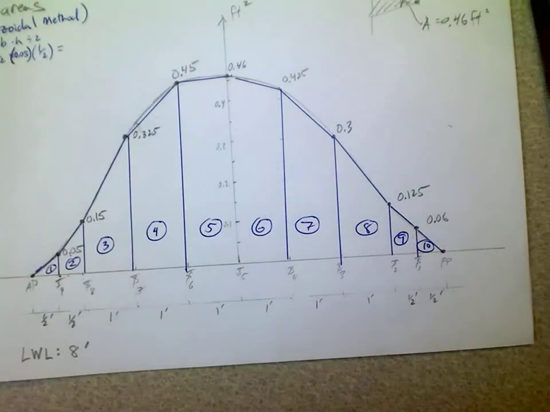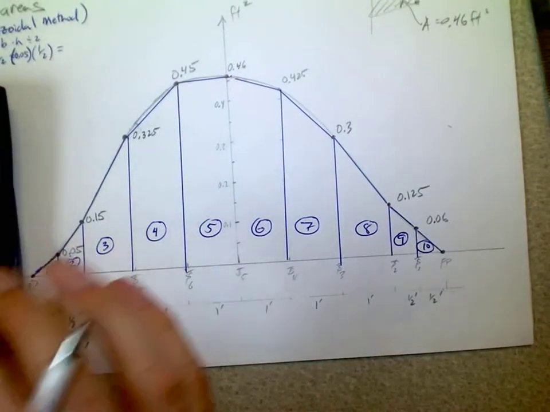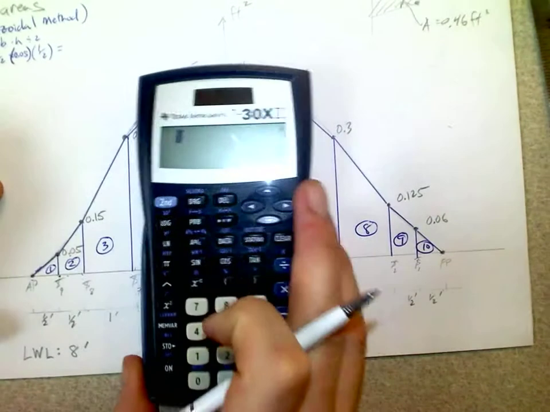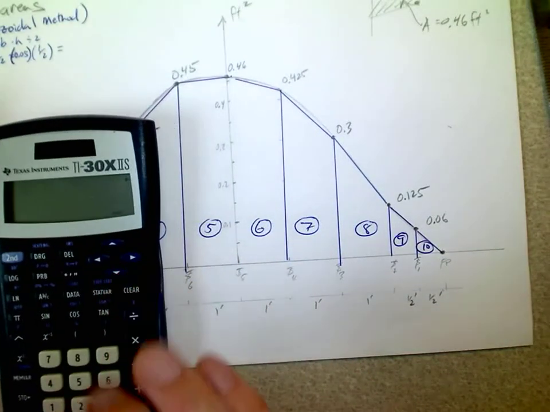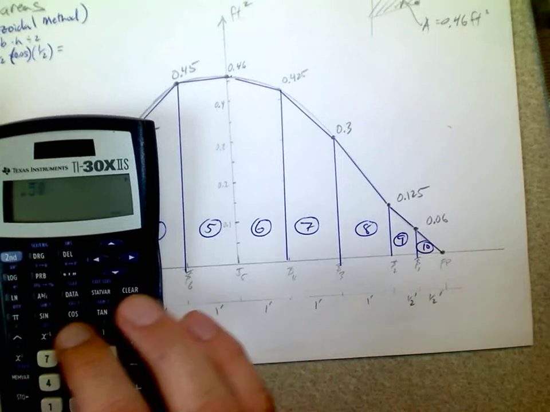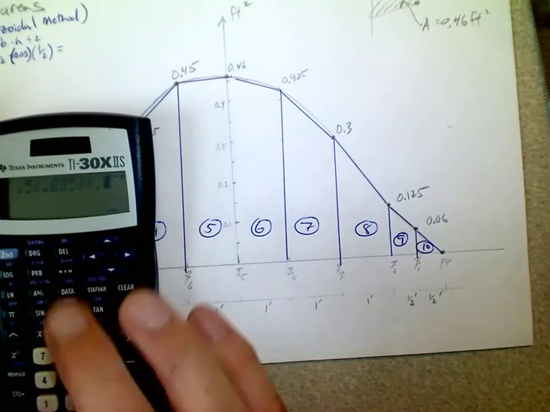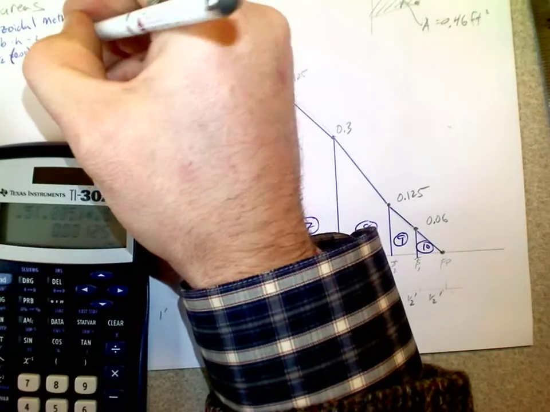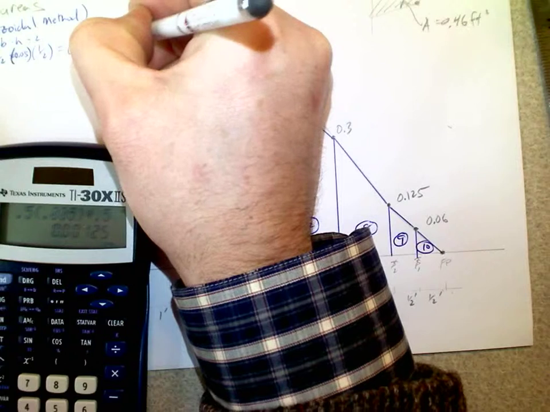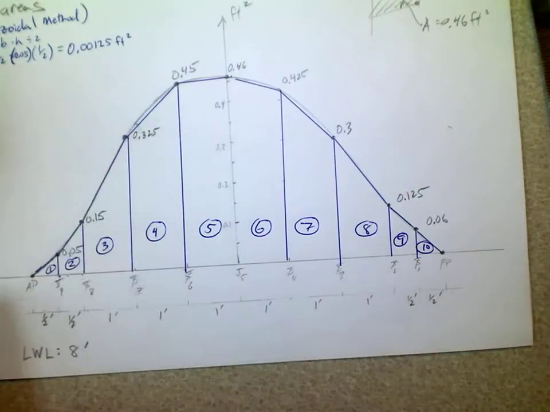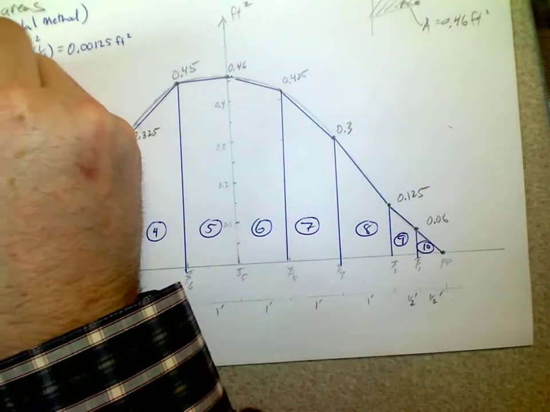The base is 1/2, and the height is 0.05. I'm going to calculate that as 0.5 times 0.05 times 0.5. That gives me 0.00125 feet squared. And I'm going to carry this all the way through for each one of these.